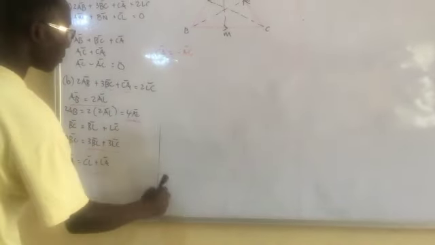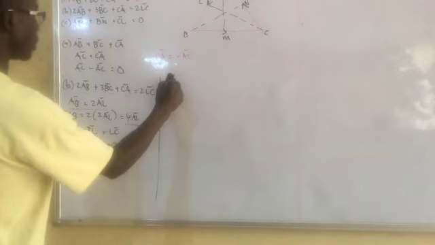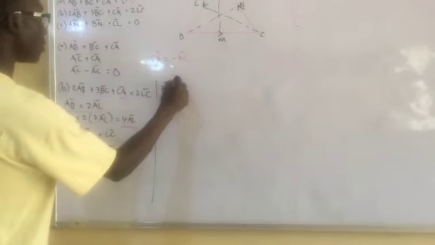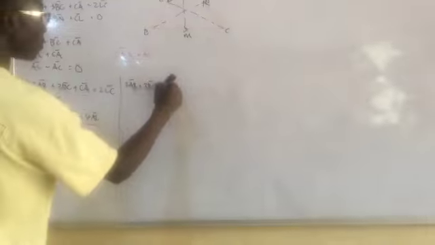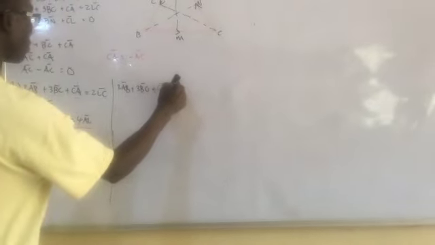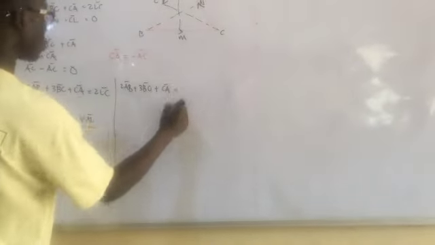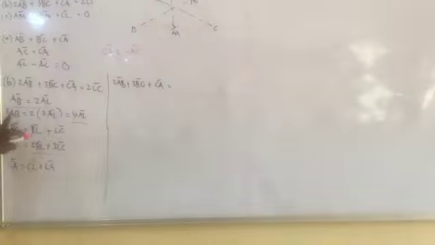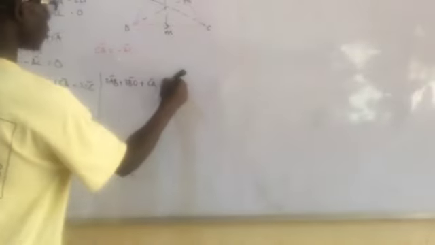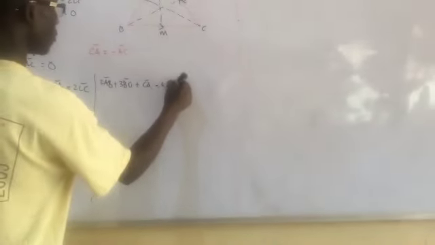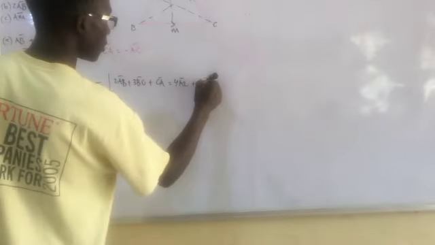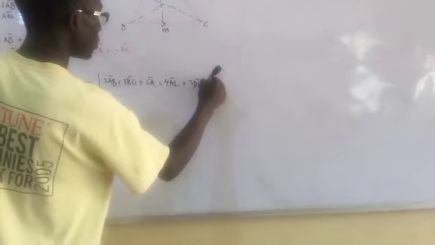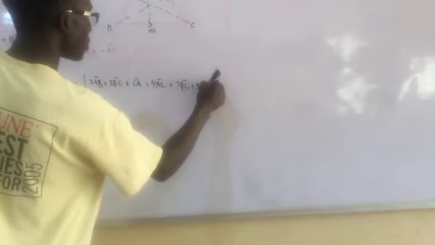So we say 2AB plus 3BC plus CA equals, our 2AB is 4AL, then plus our 3BC, which is 3BL plus 3LC.